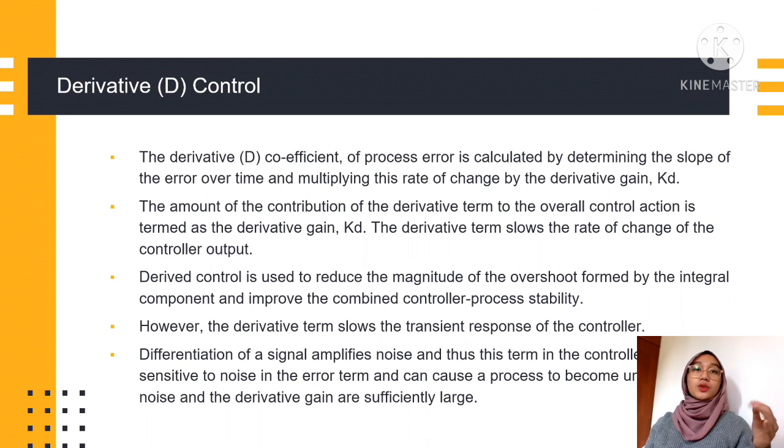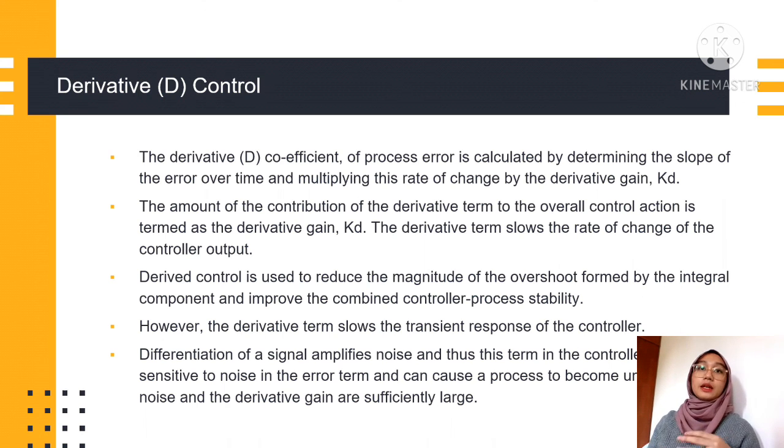Derivative control is used to reduce the magnitude of the overshoot produced by the integral component and improve the combined controller process stability. In each transfer function, we use the derivative control. However, the derivative term slows the transient response of the controller.